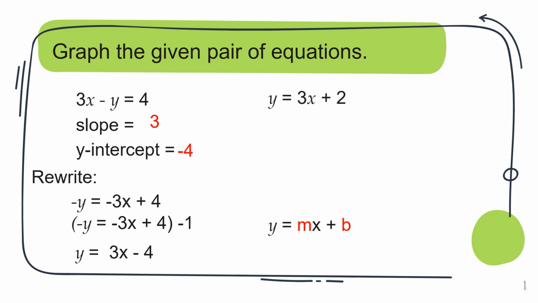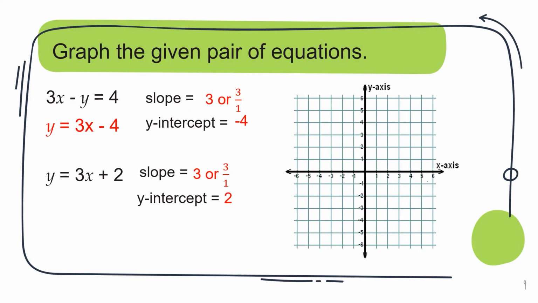For the second equation, y is equal to 3x plus 2, that is in the form y is equal to mx plus b. So we can easily identify the slope and the y-intercept. For the slope, we have positive 3, and for the y-intercept, we have positive 2. Again, we will be using the slope and a point to graph the given equation.